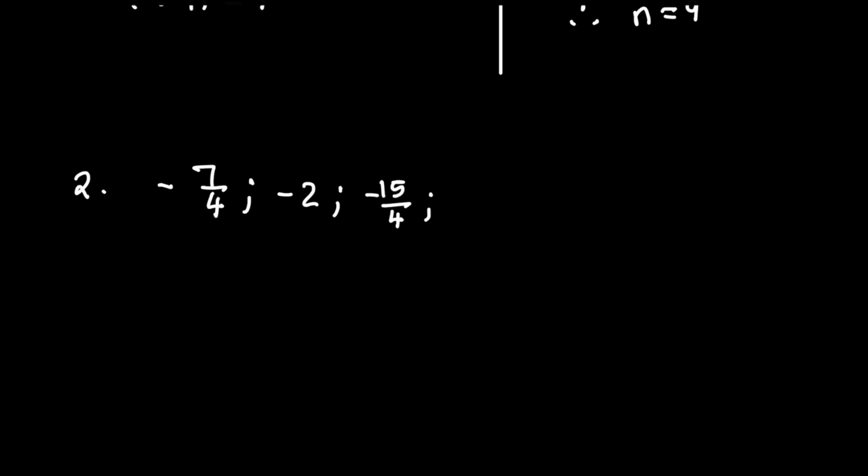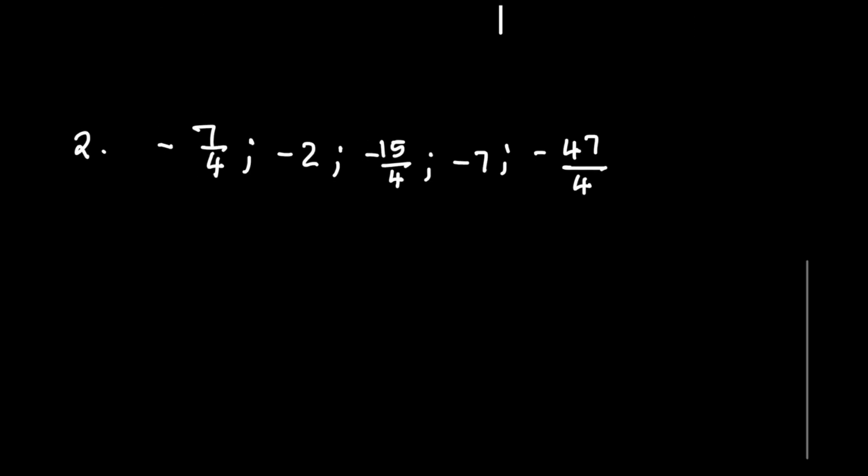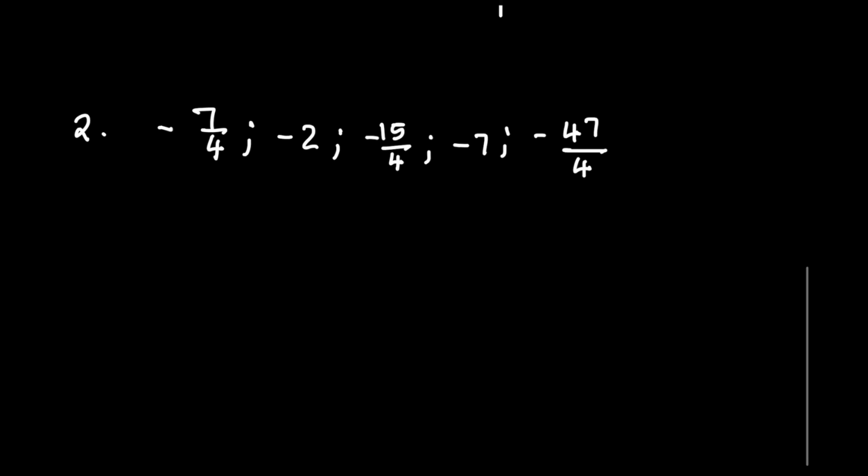After finding the nth term, we are going to have to find term number 6. Since we are told this is a quadratic sequence, we're going to find the nth term.